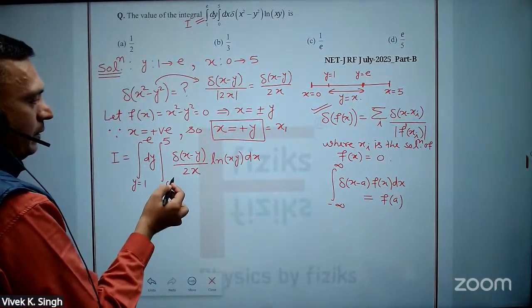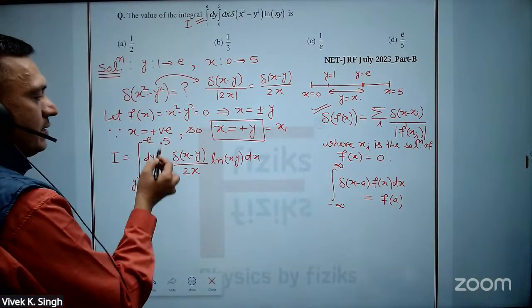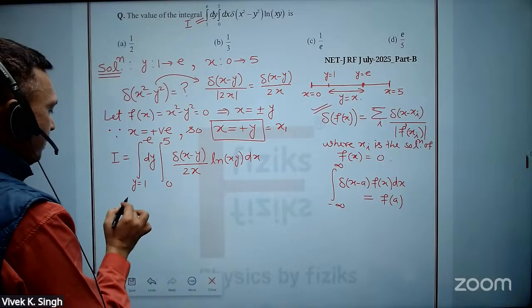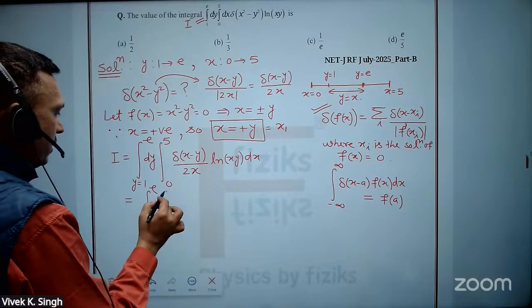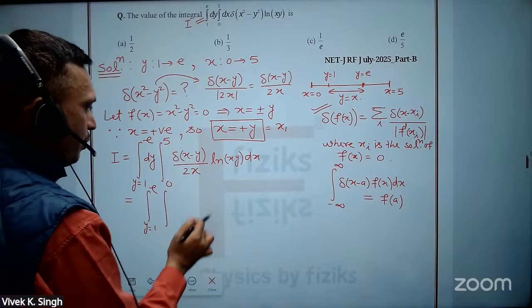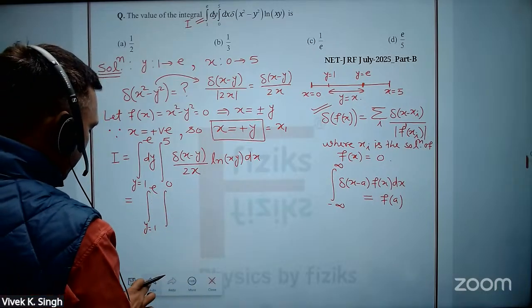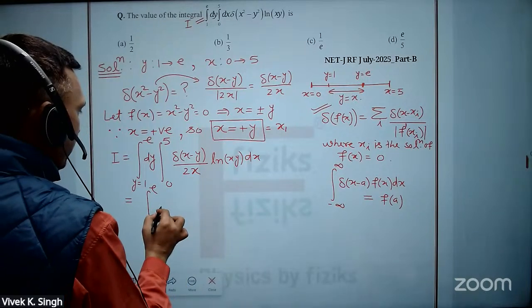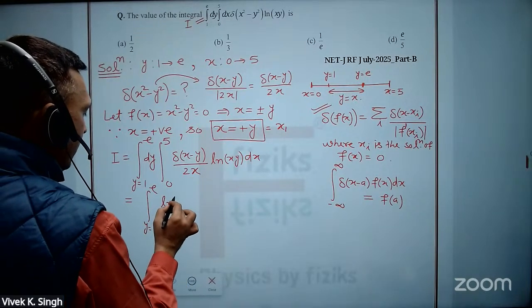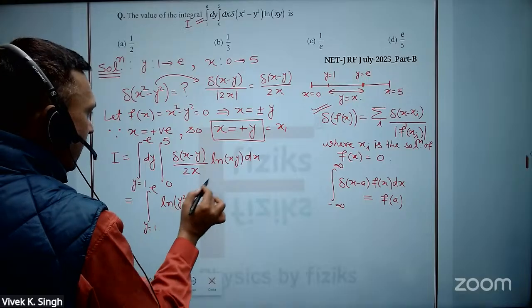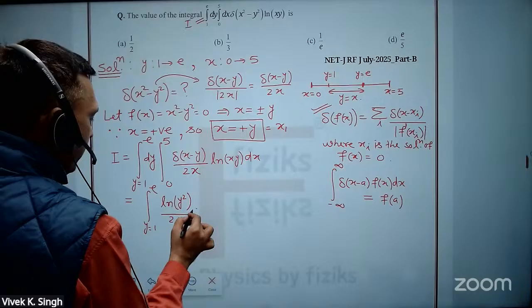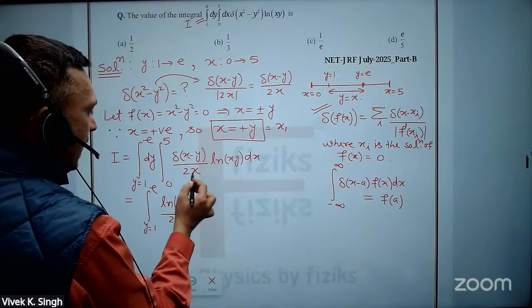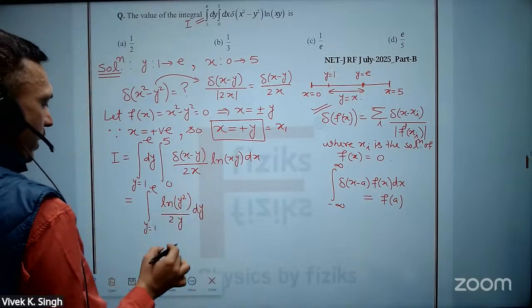Similarly, because y lies in this range, we get ln of x equal to y, so ln y square by 2y into dy.